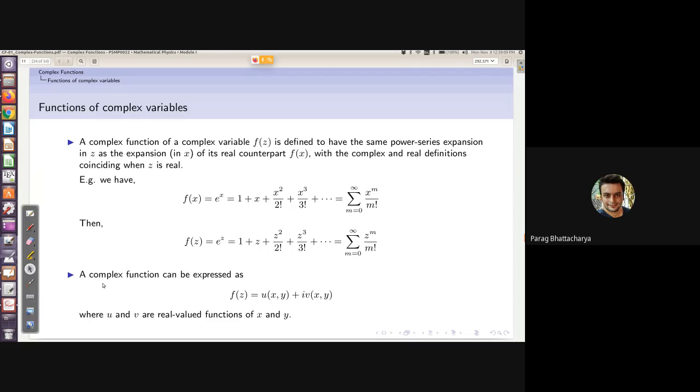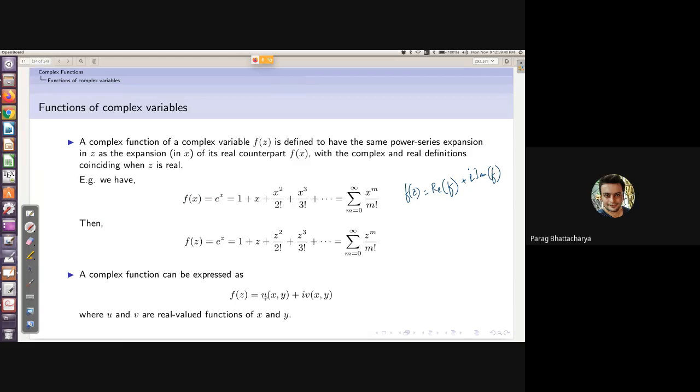So a complex function can be represented in this way. Because it's a complex function, it has two parts to it. Let's say I have a complex function f of z. Because it's complex, it will have a real part of the same function, and it will have i times an imaginary part of the same function.